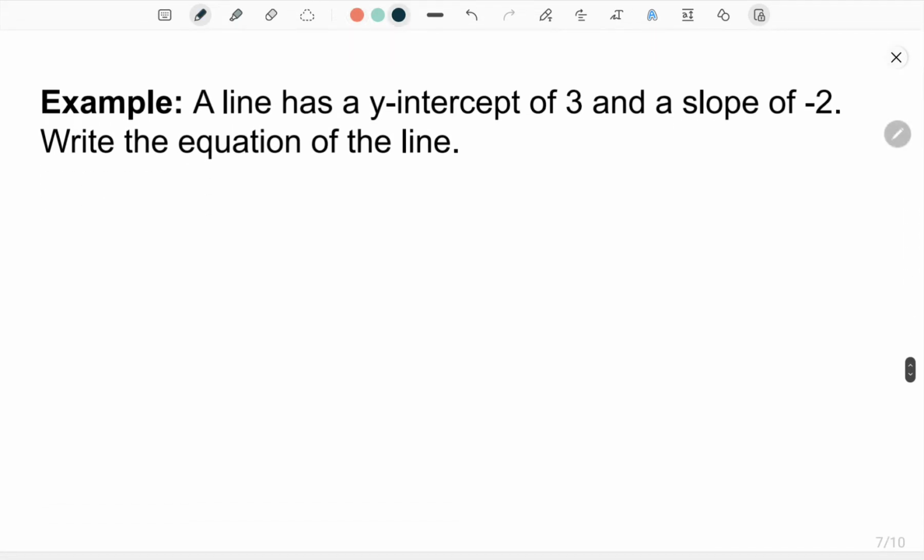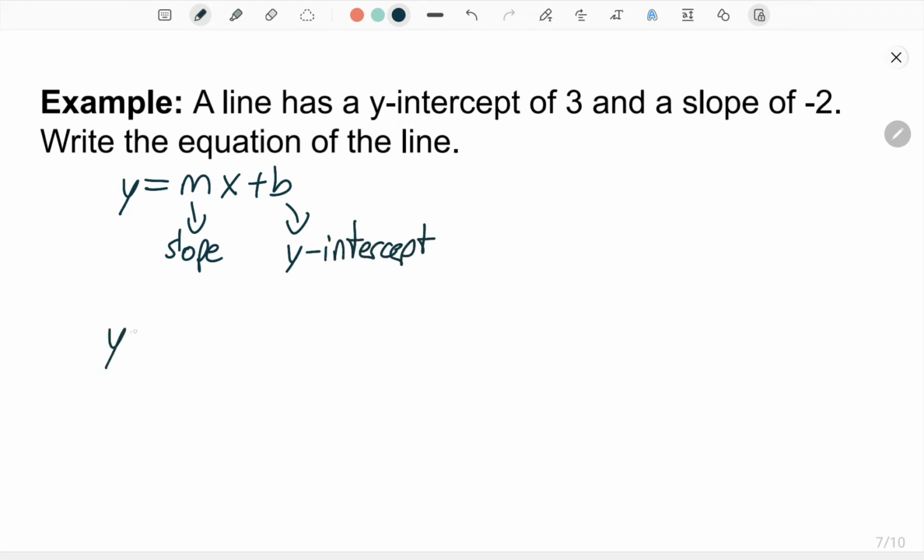So let's say, what if we had a line that has a y-intercept of 3 and a slope of -2? How would we write that equation? So the general equation is y equals mx plus b, where m is slope, b is y-intercept.